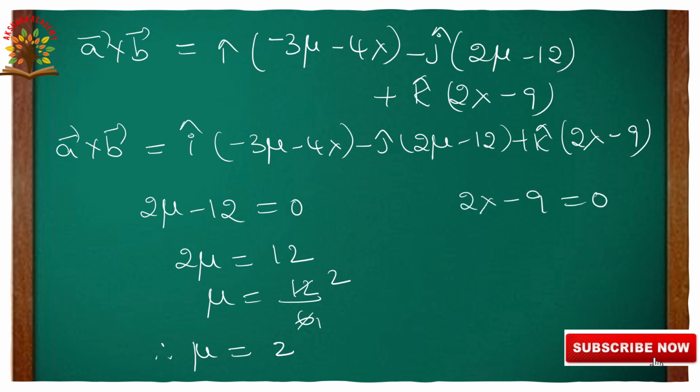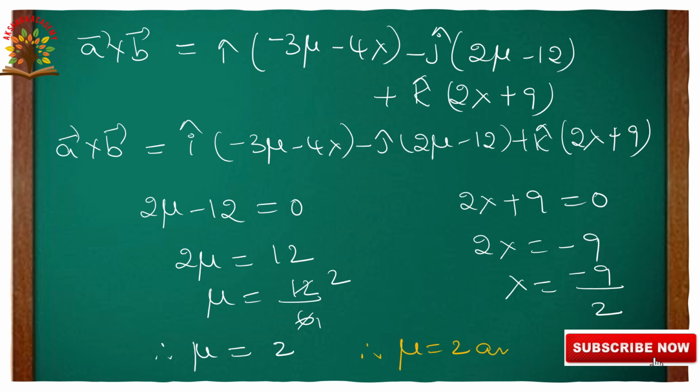So 2 lambda is equal to 9. Lambda is equal to 9 by 2. Therefore the final answer is mu is equal to 2 and lambda is equal to minus 9 by 2. This is the final answer. Thanks for watching this video.